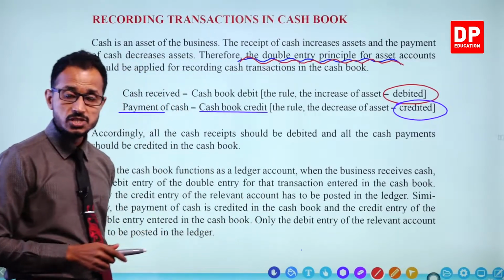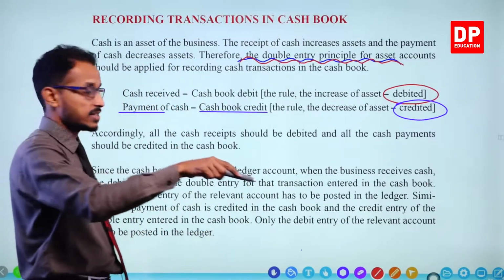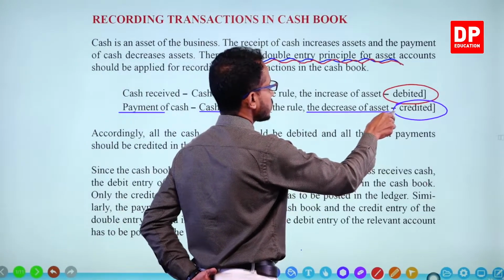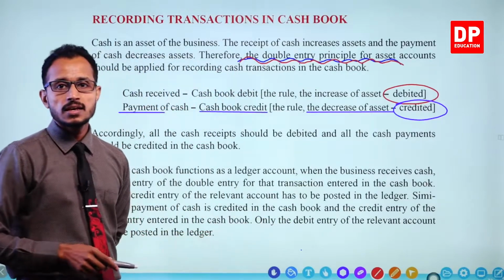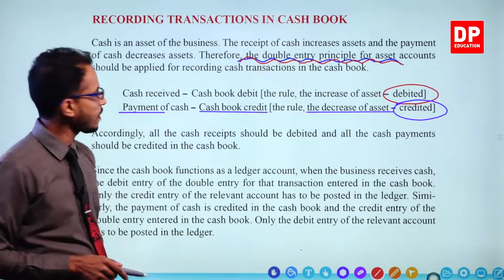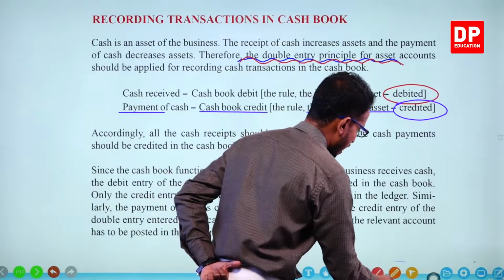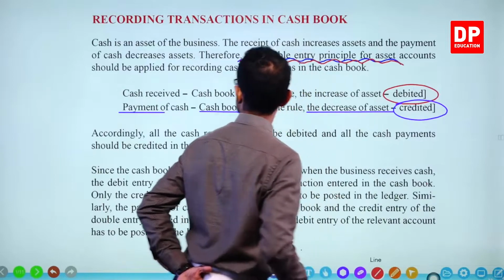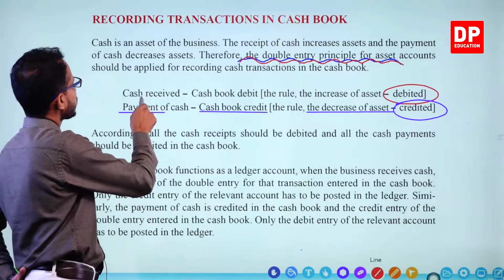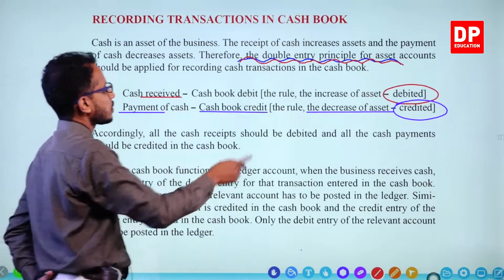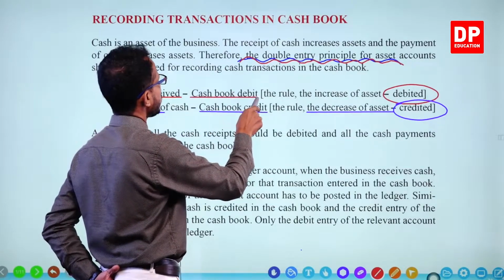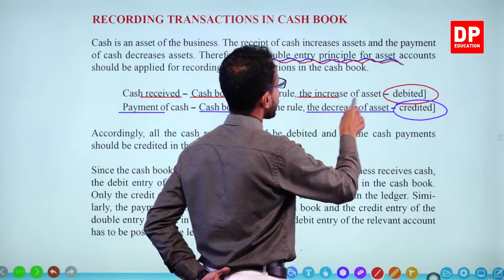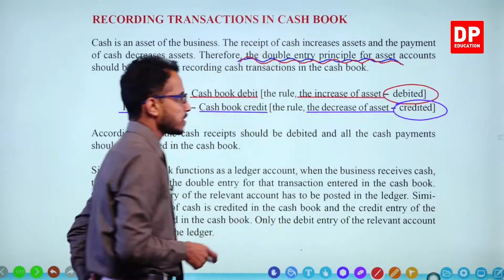When we pay cash, those payments are credited to the cash book because the rule is that decreasing of assets is always credit. But when we receive cash, the cash book is debited because of the rule that asset increases are debited.